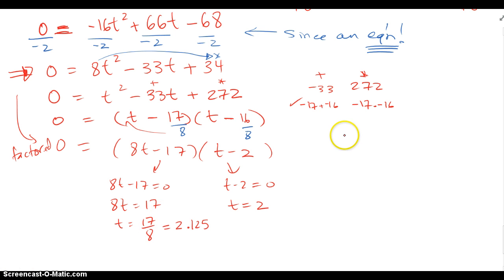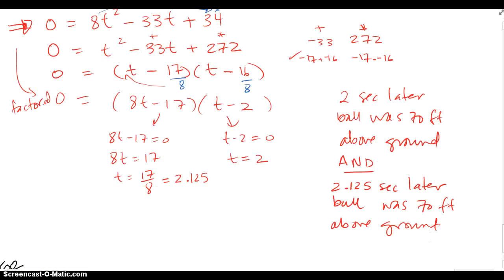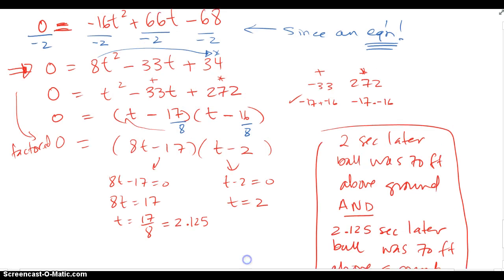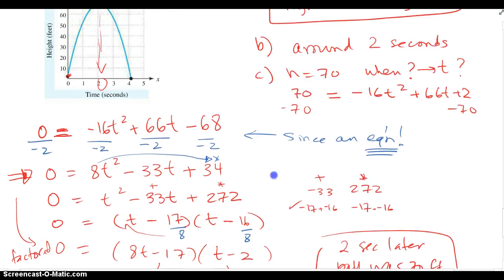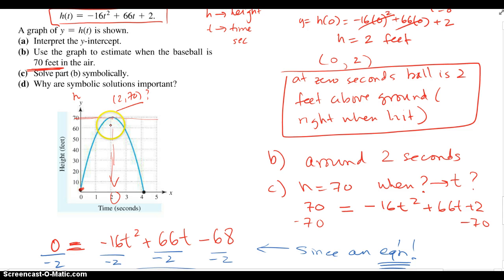So what this tells me is that 2 seconds later, the ball was 70 feet above the ground, and also 2.125 seconds later, the ball was 70 feet above the ground. So when I did it symbolically, I got two different answers, whereas graphically, I just got that the ball was 70 feet above the ground 2 seconds later.